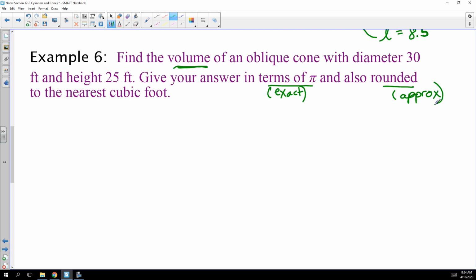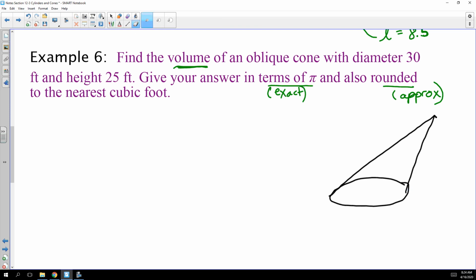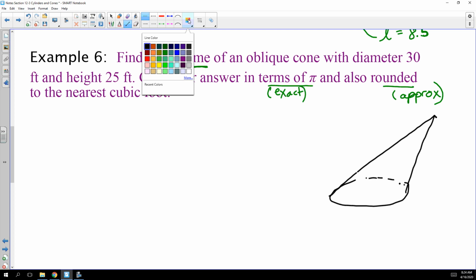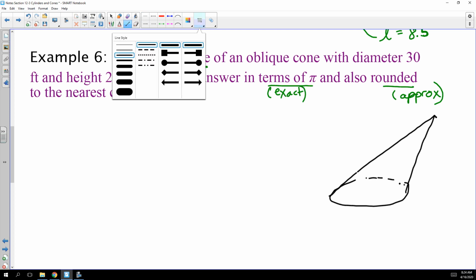So some of us are really not sure, well, what does that oblique cone look like? So I'll draw you a little picture, kind of off on the side. It's not a perfect picture by any means. Remember that the height would have to be perpendicular to the plane that contains the base.